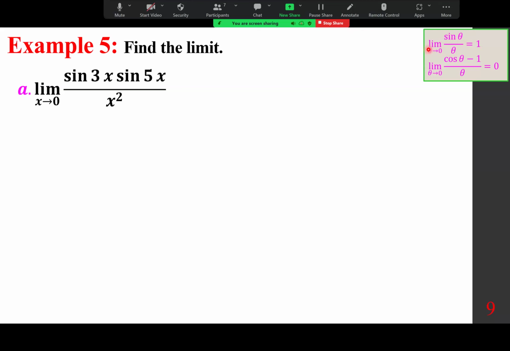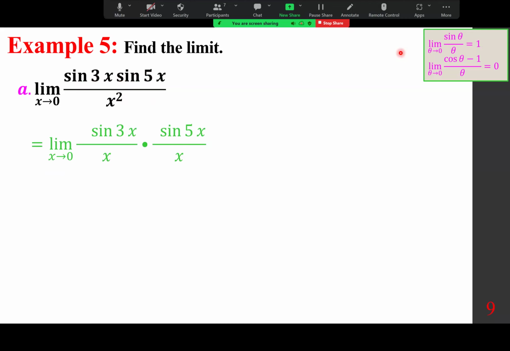So let's see what's going on. If we throw in number 3 here and number 3 here, because we need a 3x, and then 5 up here and 5 down here. Let's see what happens. We are separating these two into two fractions, where one of them is sine 3x over x, one of them is sine 5x over x.